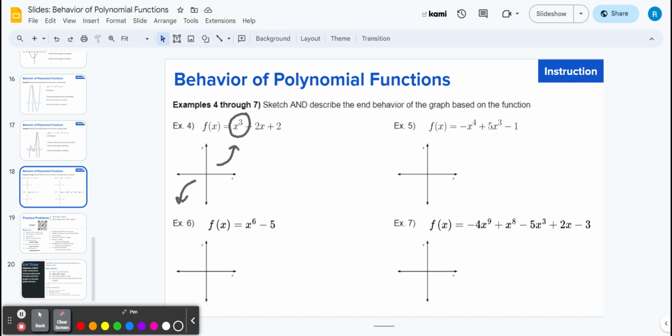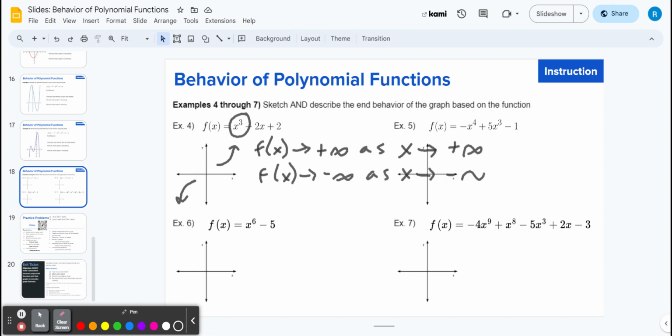And the notation for that is f of x goes towards positive infinity as x goes towards positive infinity, and f of x goes towards negative infinity as x goes towards negative infinity. And again, that means as we move right, we're moving up. As we move left, we're moving down.